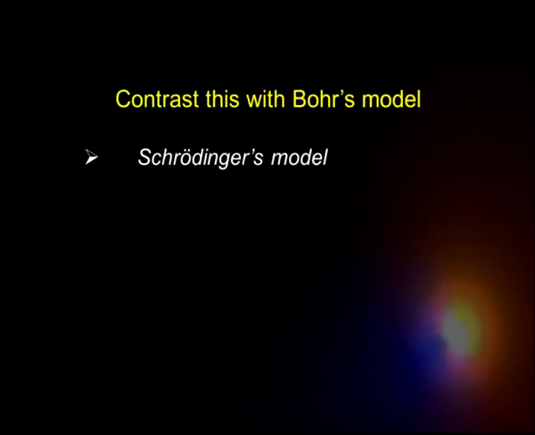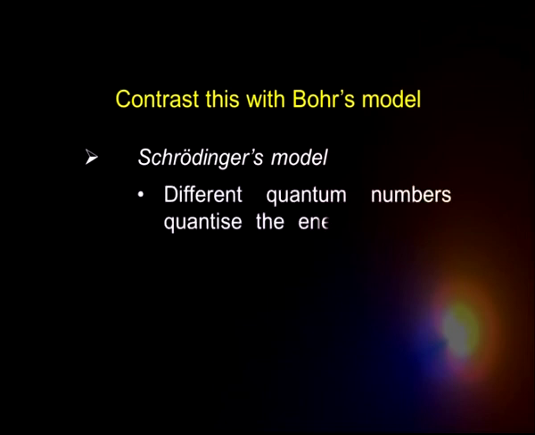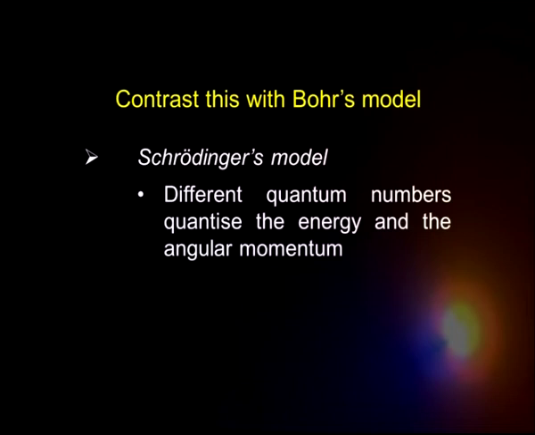That means the angular momentum was also quantized in terms of the quantum number n. Whereas in Schrodinger mechanics, we got two different quantum numbers: n, which quantizes energy, and L, which quantizes the angular momentum. That is a very, very significant differentiation between the semi-quantum model and the quantum mechanical model.